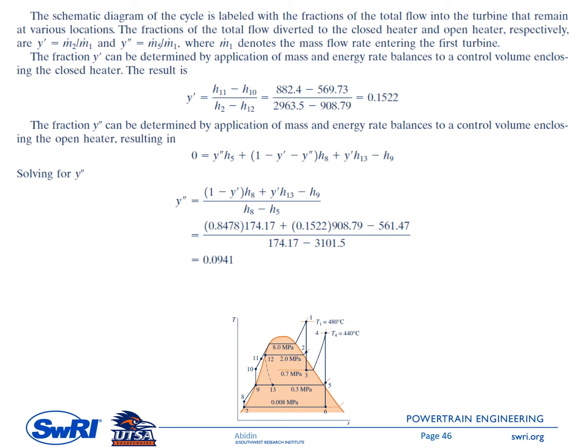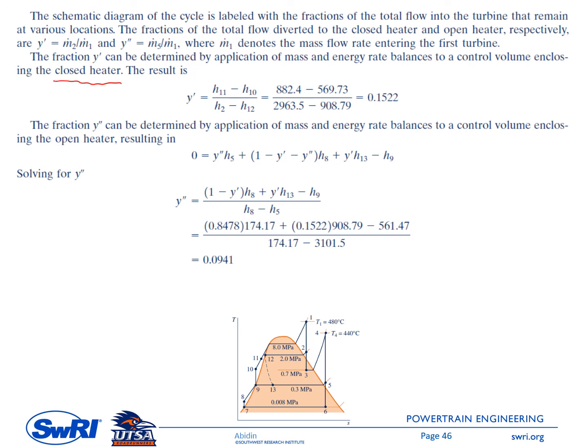Okay, so there is one more thing here. We need to determine what are y prime and y double prime, using the formula from the previous slide. So the y prime here is the extracted steam going into the closed feed water heater.